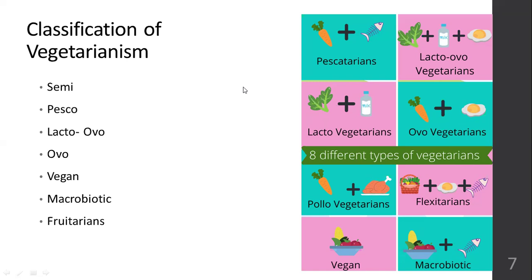There is a high risk of developing a lot of deficiencies in fruitarian, vegan and macrobiotic diets. Vitamin A, vitamin D, calcium, B12 and folic acid deficiencies are very common in vegan, macrobiotic and fruitarian diets. So that's the classification of vegetarianism.